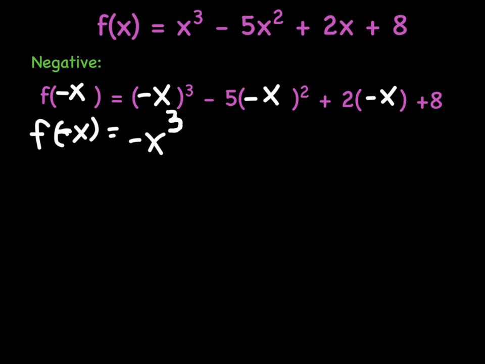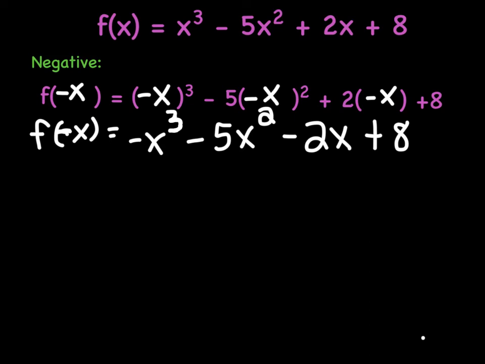So essentially we have negative 5 times positive x squared, which gives us negative 5x squared. And then we have positive 2 times negative x, which is negative 2x. And then we're just going to bring down the 8.